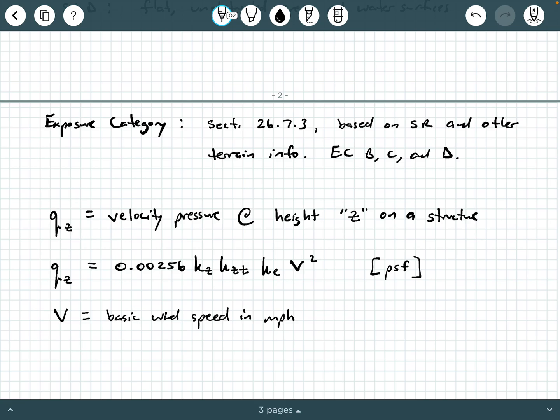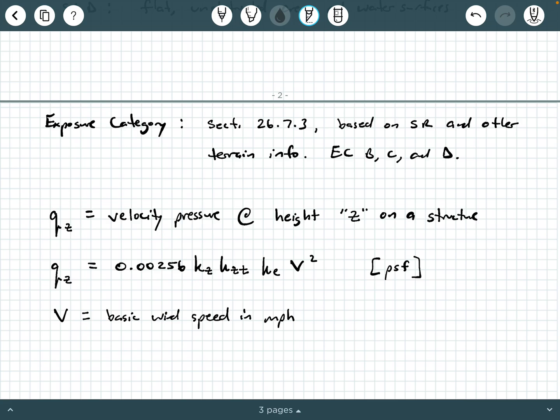Now, this equation, you might look at this and you might say, well, hey, wait a second, how do I take miles per hour and then I square it and I punch it through this equation and I get units of PSF? Well, this is a semi-empirical equation, okay? And in fact, this coefficient here, 0.00256, is based on several factors, and it's related to the density of the air as well, okay?